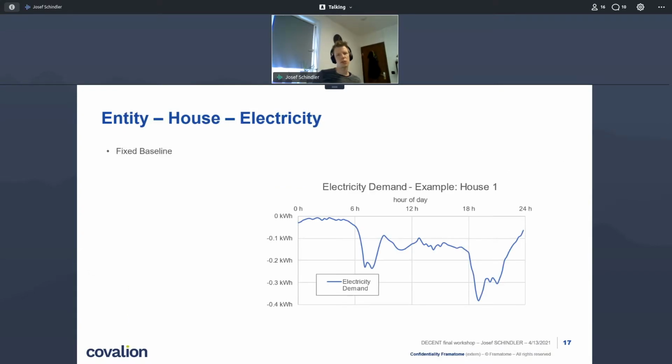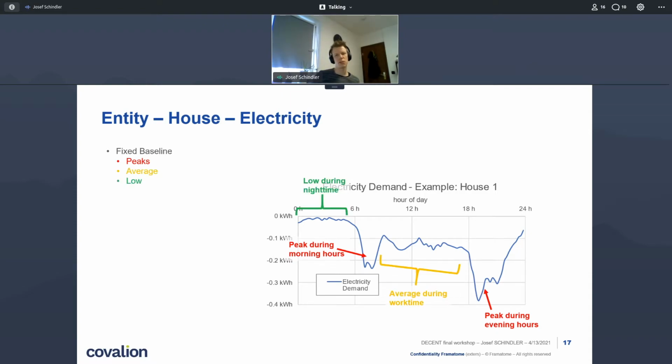For example, the houses that we use as virtual entities have a fixed baseline with peaks, for example during morning and evening hours, and rather low or average demands in the meantime.